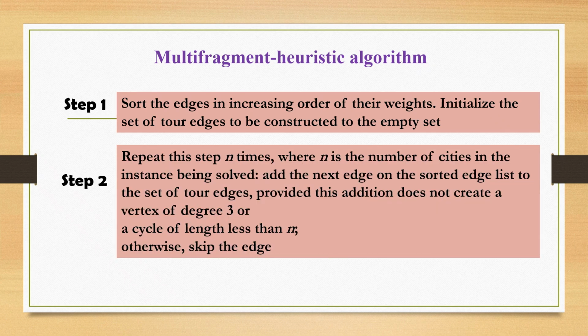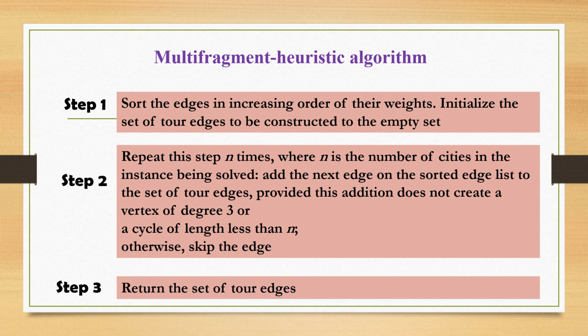Next, step 2, we repeat this step n times, where n is the number of cities in the instance, and add the next edge on the sorted edge list to the set of tour edges, provided this addition of the new edge does not create a cycle of length less than n, or a vertex of degree 3; otherwise skip the edge. Step 3, return the set of tour edges.